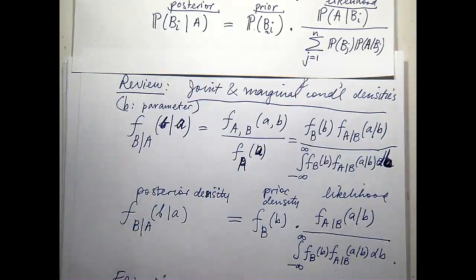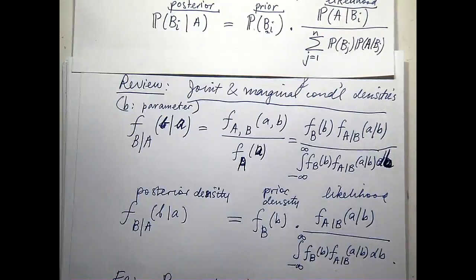I'm going to use A and B as before, but there is this unknown parameter B, which has to be in the range 0 to 1, which is a proportion. And we're going to have A is the observation. And how is the observation depending on the parameter?